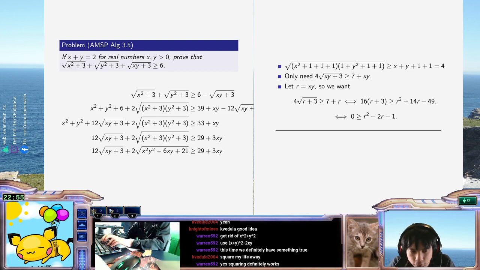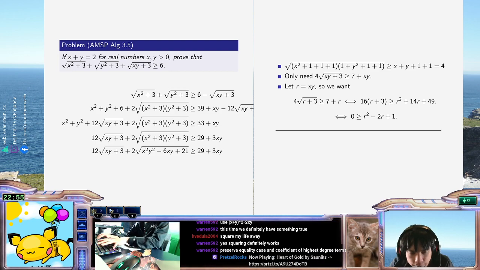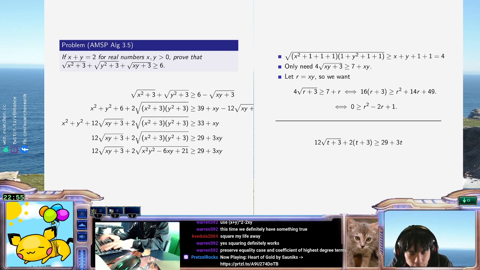But is this inequality true too? It's 12 square root of t plus 3, plus twice t plus 3, less than or equal to 29 plus 3t, for t less than or equal to 1. So this time I want 12 root t plus 3 less than or equal to 23 plus t.